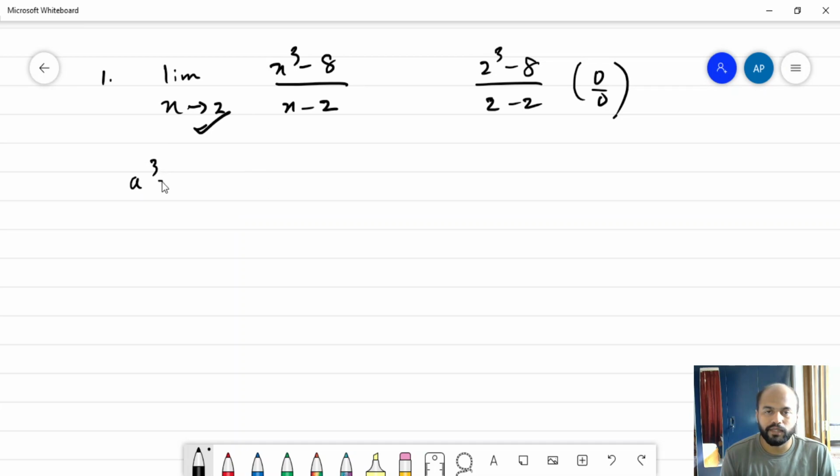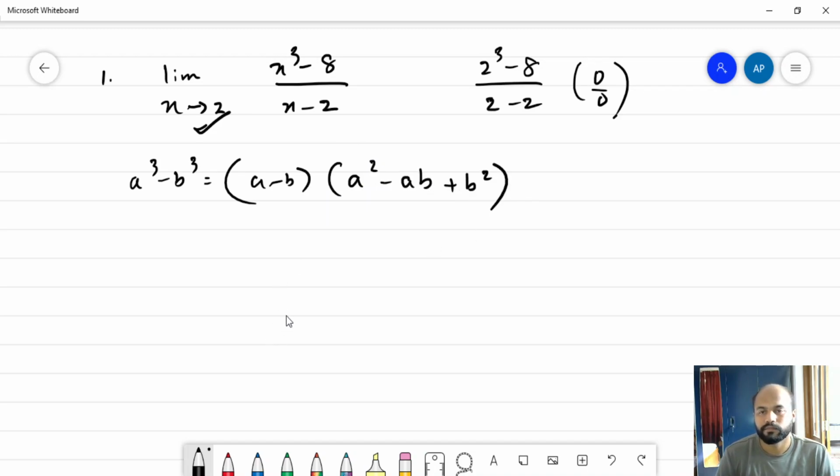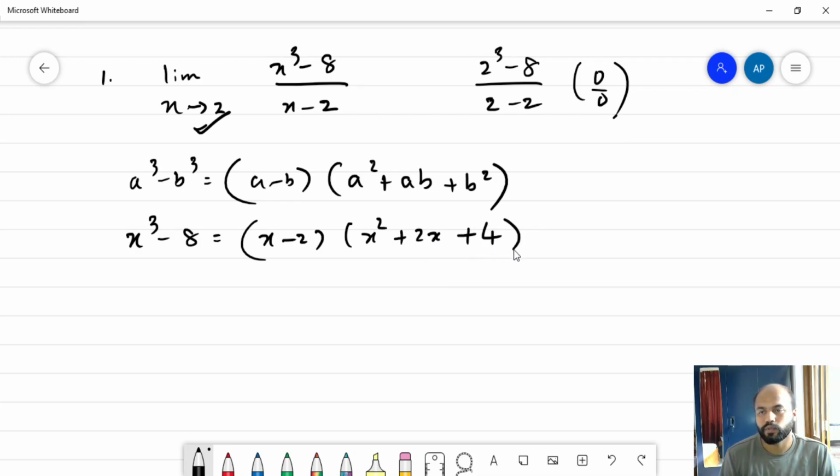Now we know that a cube minus b cube is a minus b into a square plus ab plus b square. So now let's write this x cube minus 8 as x minus 2 into x squared plus 2x plus 4.